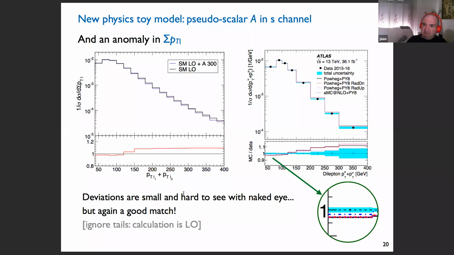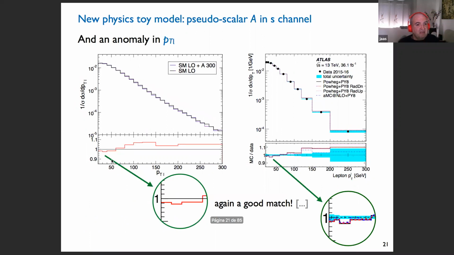There are other distributions that show anomalies. As I mentioned, this is the sum of the PTs of the two leptons. And here, it's hard to see by naked eye, but there are some deviations which are reproduced when you introduce the pseudo-scalar. That does not work, but reproduces this.